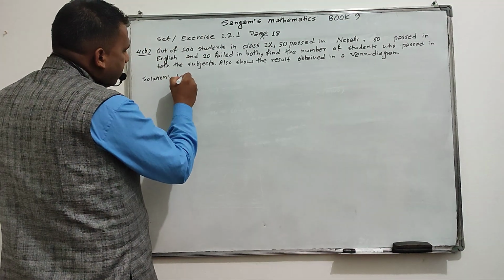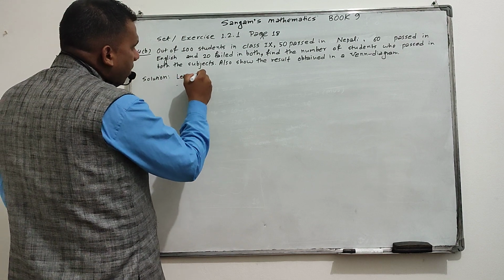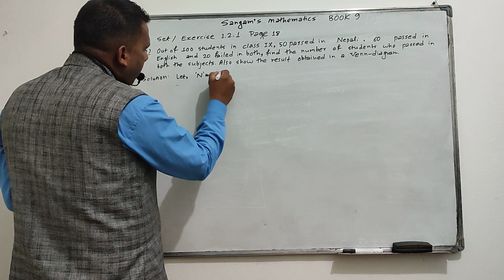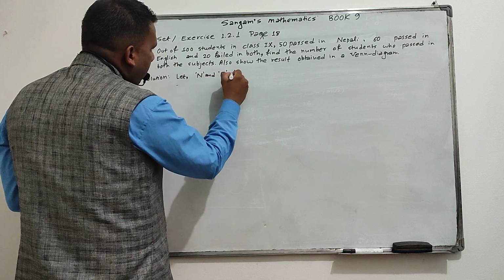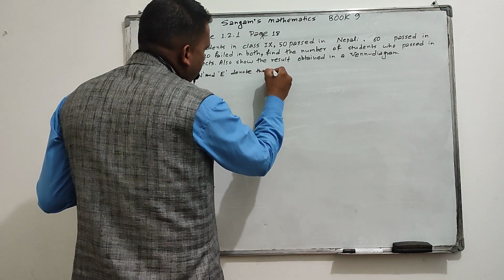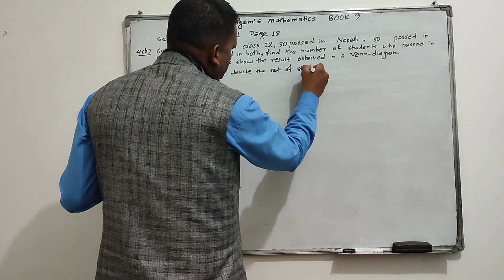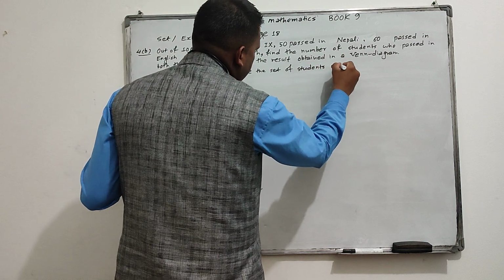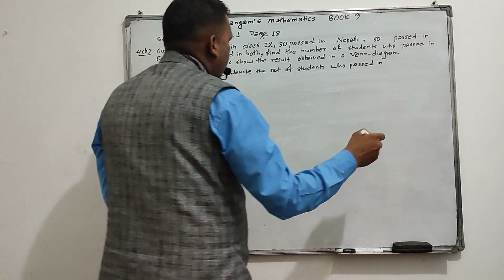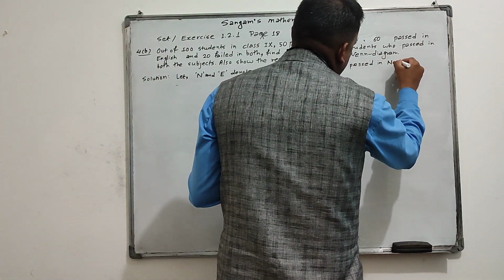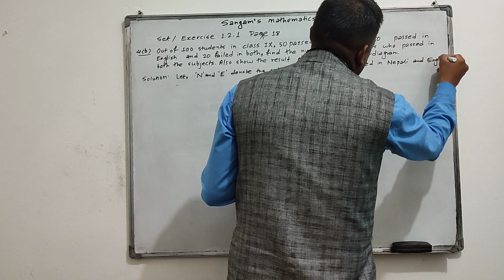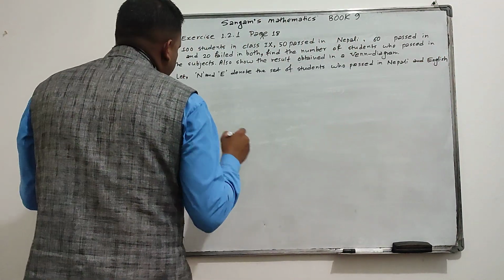Let N and E denote the set of students who pass in Nepali and English respectively.